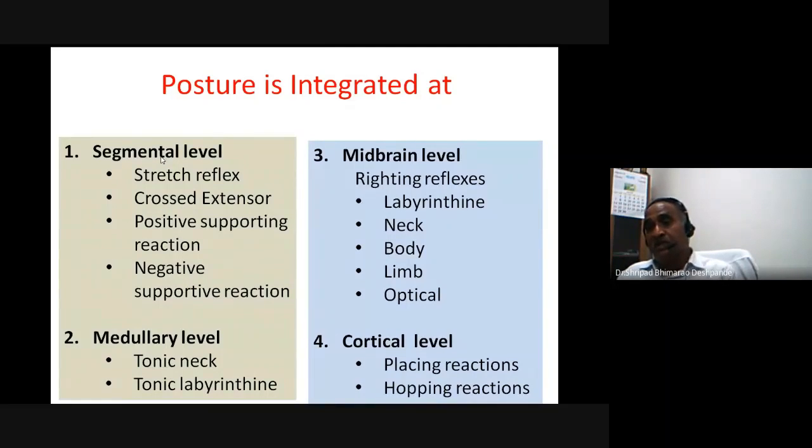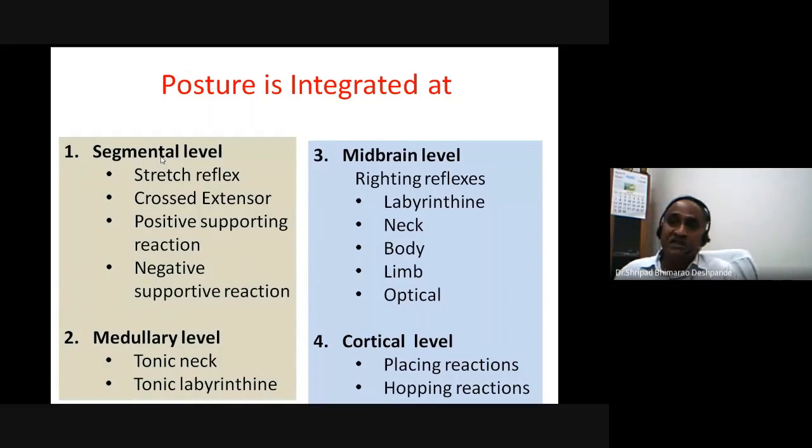There would be extension of both limbs. I have shown the baby's figure in which upward movement makes flexion of everything and downward movement makes extension of everything. Now in the midbrain, we have a series of reflexes. They are called righting reflexes.